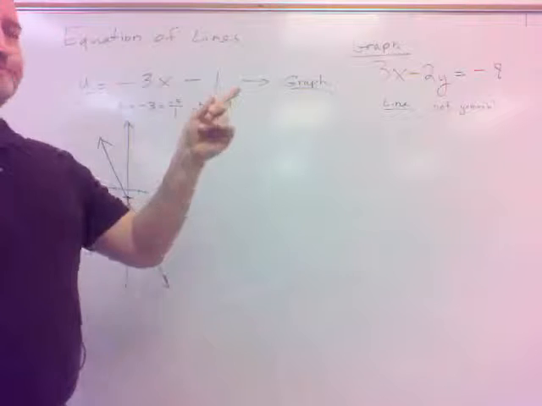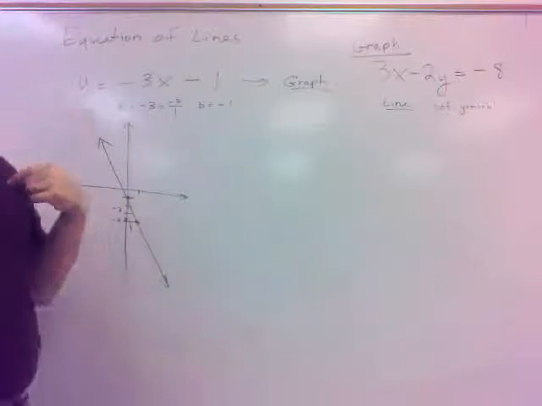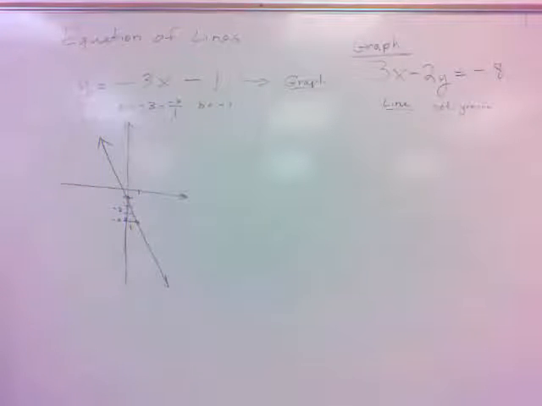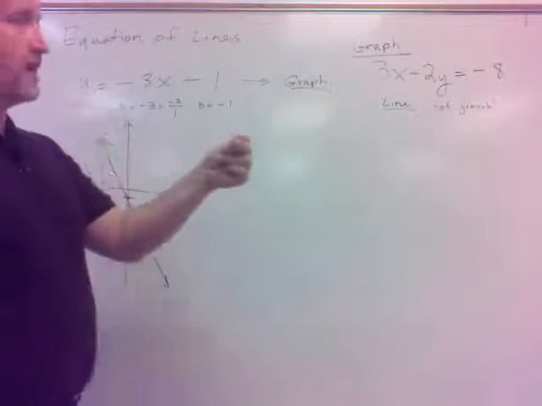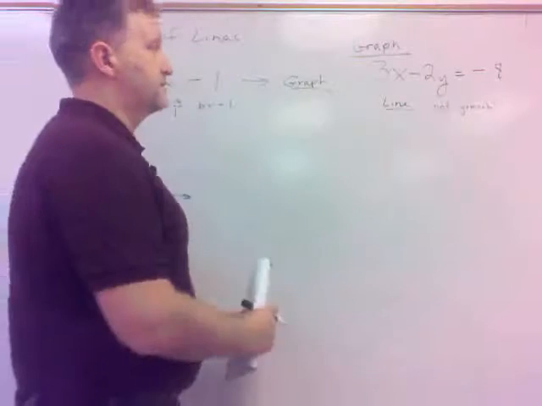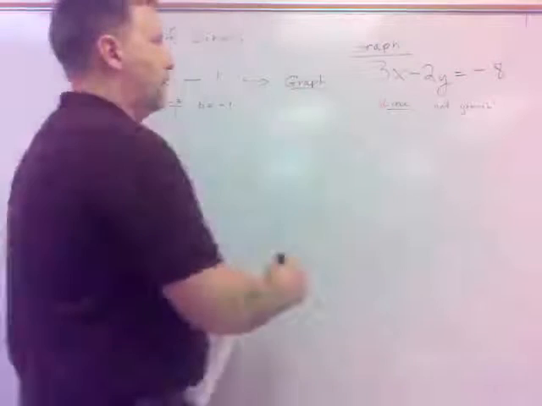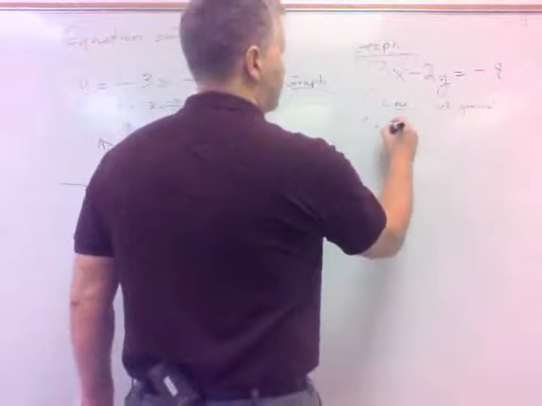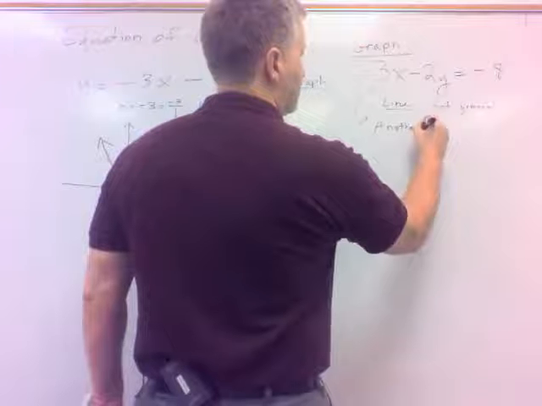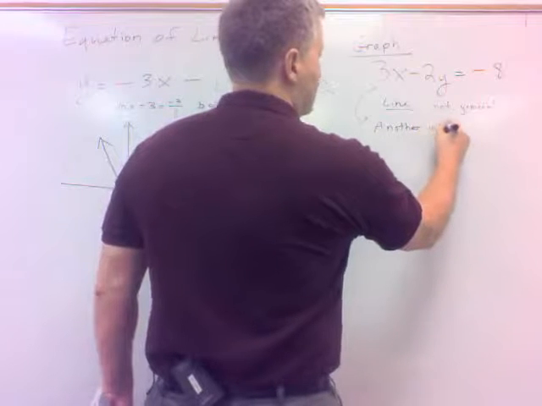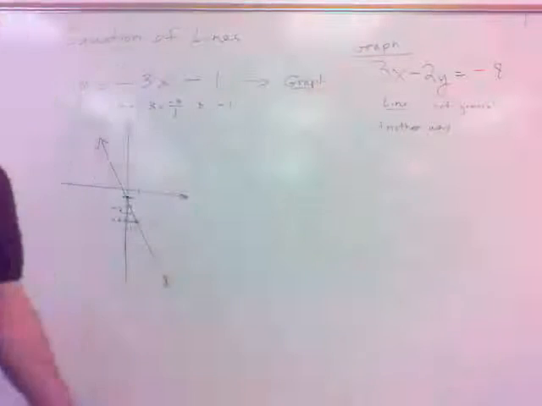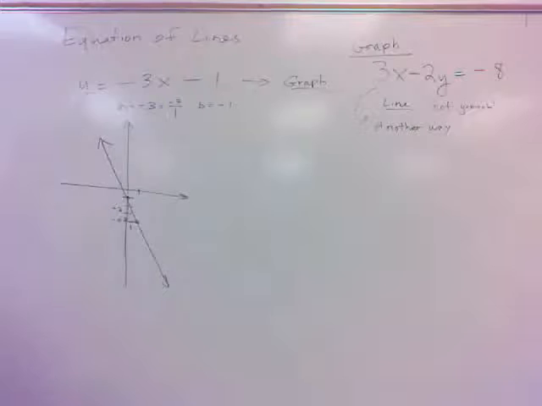On this one, to just show you another option here, I just need 2 points. And so if I get the x and the y-intercept, get the intercepts on this one, maybe do it a little differently than this way. I had one earlier like this, and that's how I did it.